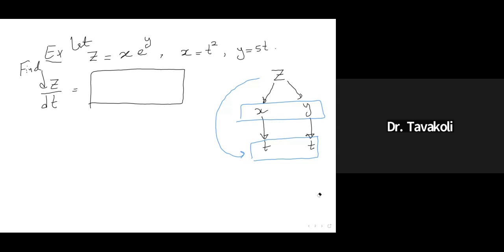So based on what I said, to find dz over dt, I should find the partial derivative of z with respect to x, then multiply it by the derivative of x with respect to t, add this product to another product, and the other product is the partial derivative of z with respect to y times the derivative of y with respect to t.